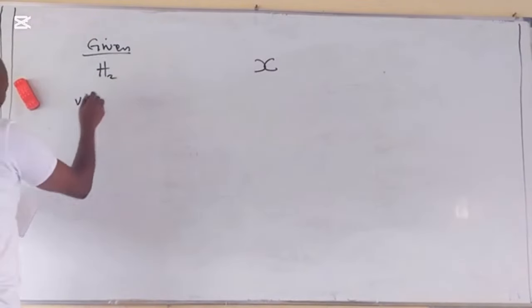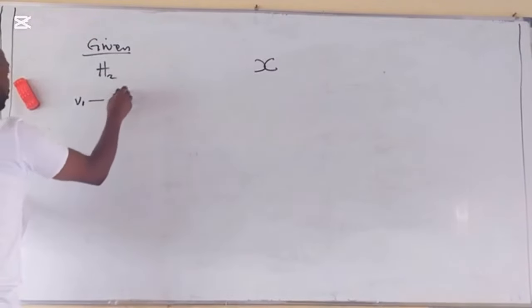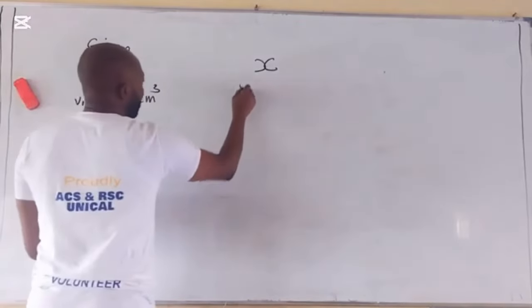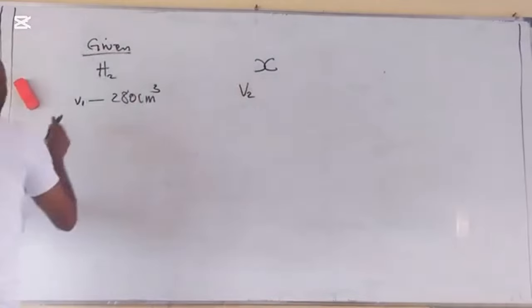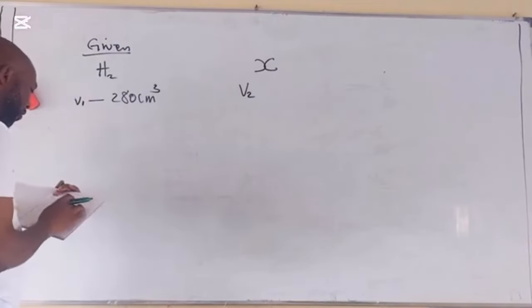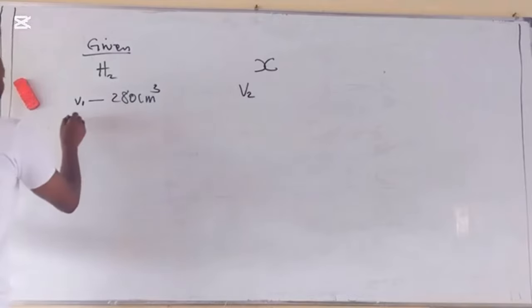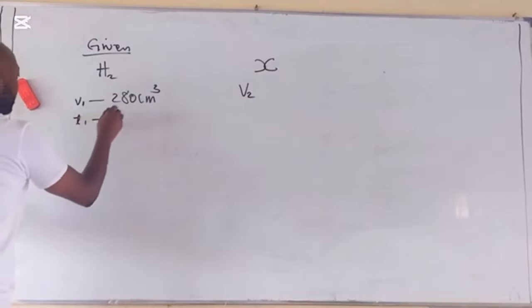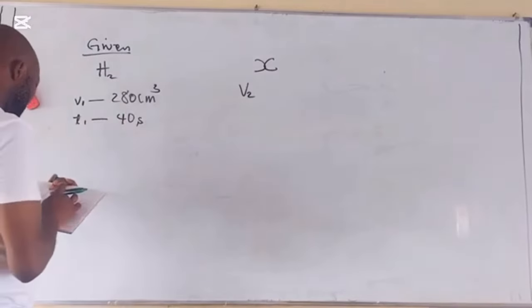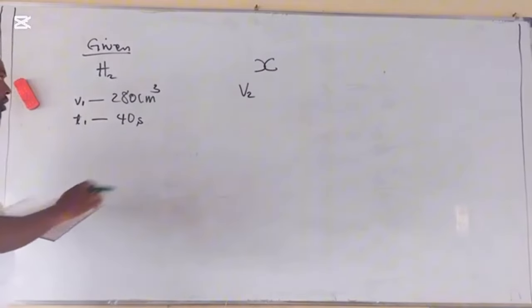The volume is given to be 280 for hydrogen, so that's V1. Here it will be V2. If 280 cm cube of hydrogen diffuses in 40 seconds, there is also time: T1 is 40 seconds. How long? They are asking us.